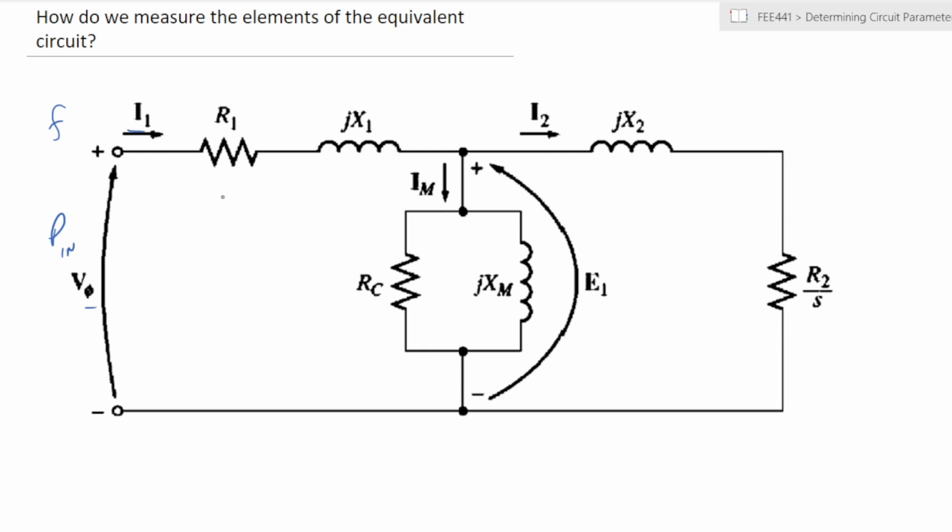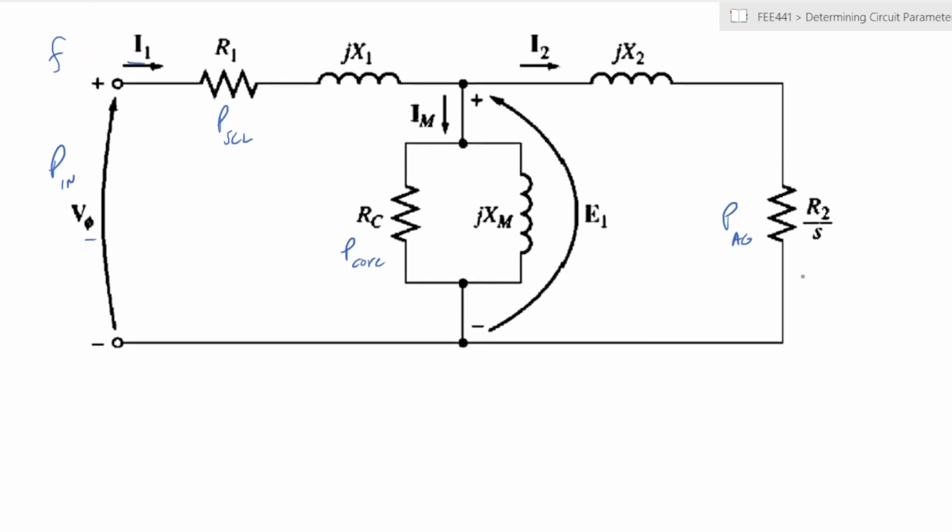So R1 represents stator copper losses, RC represents core losses, and in this configuration, we have air gap power being represented by this element. And the various inductive elements represent the inductive elements of the machine. So each power loss or each transfer is represented by a resistance that has a current flowing through it, and the various magnetizations and reactances and transfers and magnetic fields are represented by inductances or reactances.